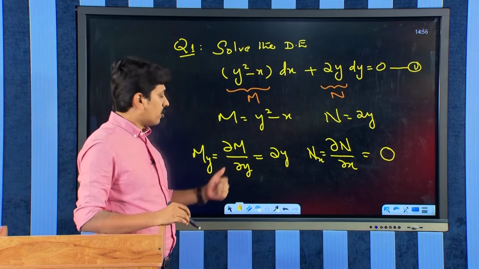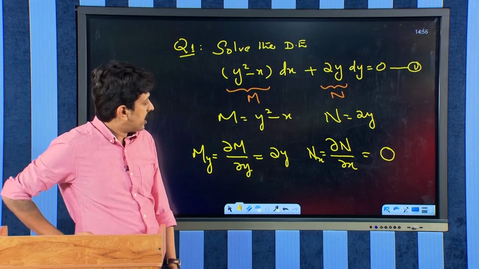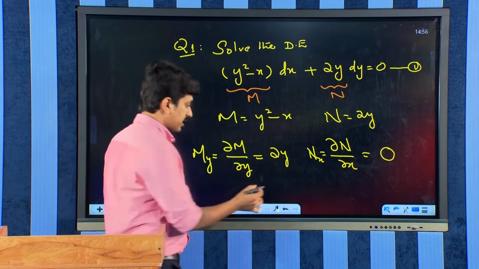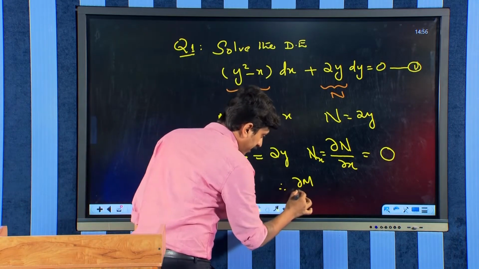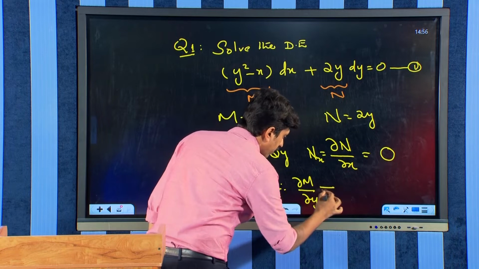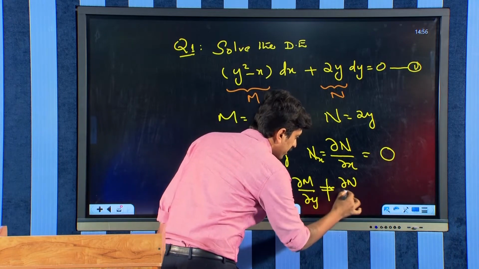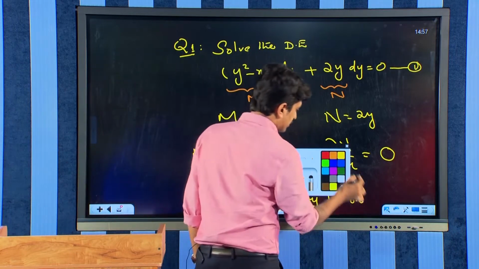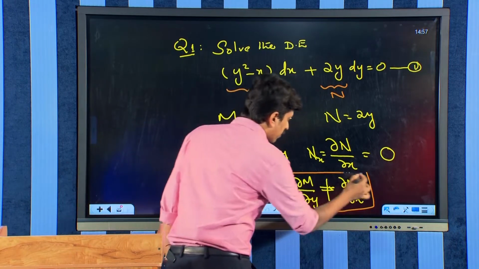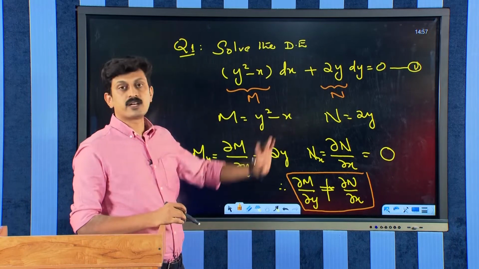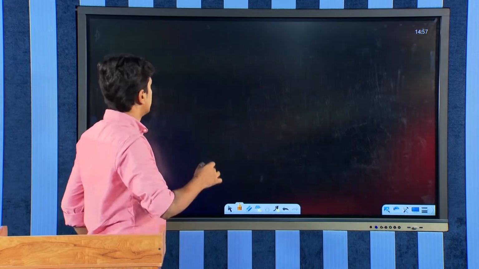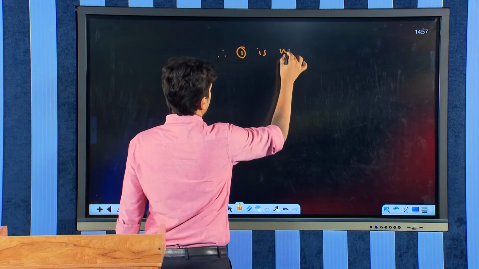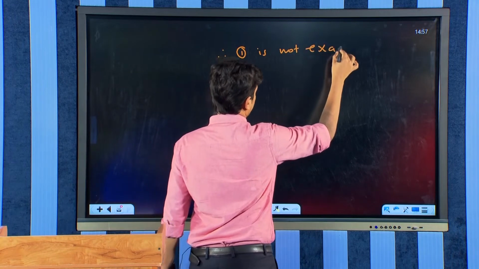So, ∂M/∂y is equal to 2y and ∂N/∂x is equal to 0. Therefore, ∂M/∂y is not equal to ∂N/∂x. So we can say that equation 1, the given differential equation, is not exact.